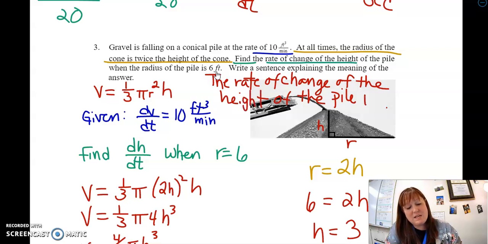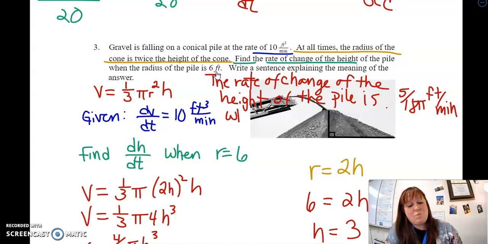The rate of change of the height of the pile is 5 over 18 pi feet per minute.